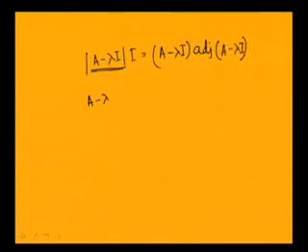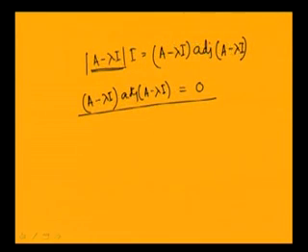So, you can write A minus lambda I into adjoint of A minus lambda I equal to 0, but you also know that A minus lambda I into x equal to 0.